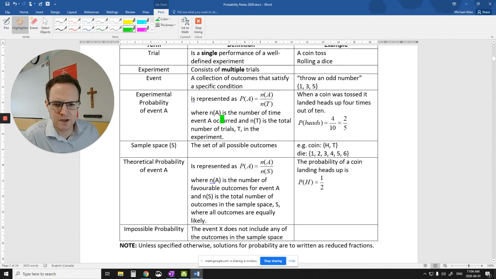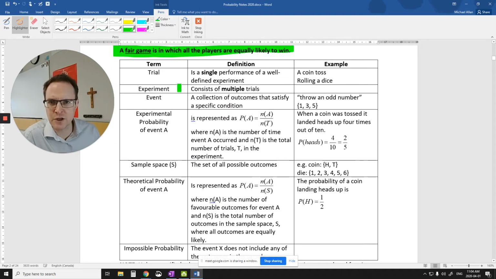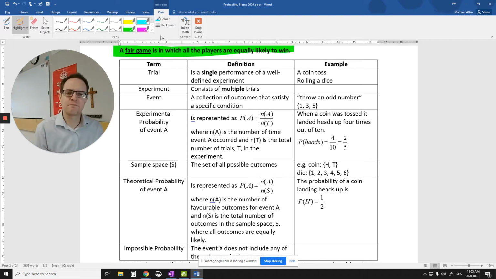Okay, so before we go any further, let's talk about some terms that you might see throughout this chapter. A trial is just a single performance of a defined experiment. So with the experiment we'd be doing right now, like this game that we're playing up here, we'd be drawing a slip of paper. That's 1 trial, and there are 10 trials in this game.